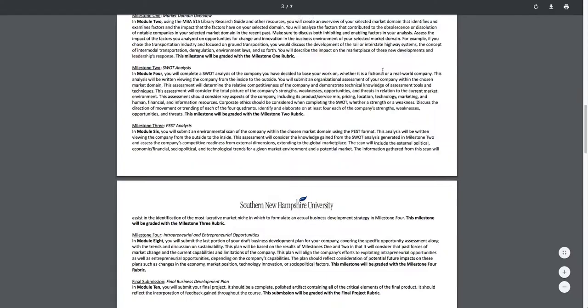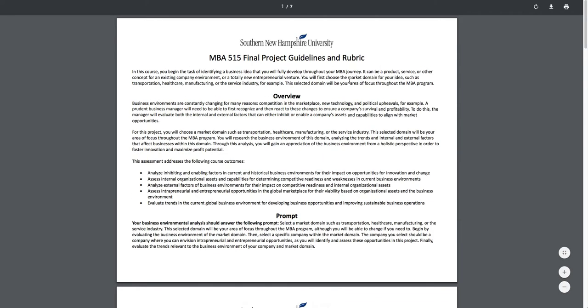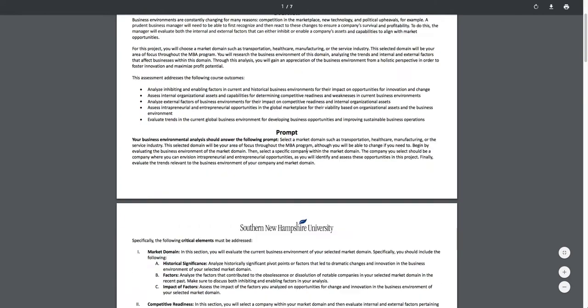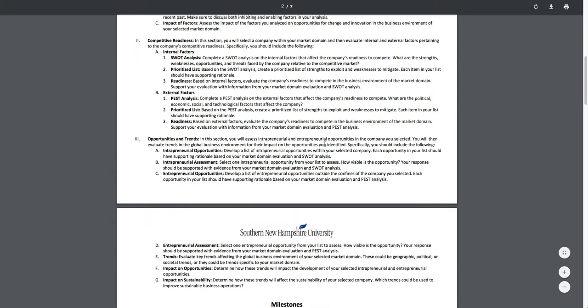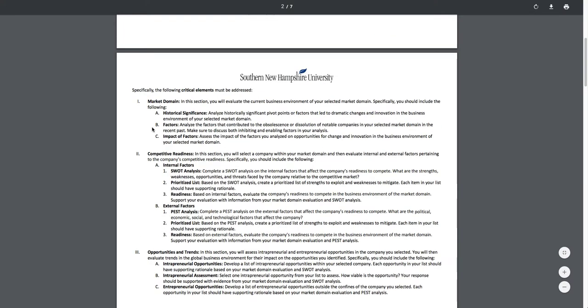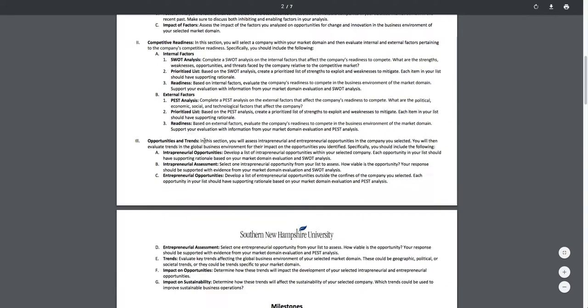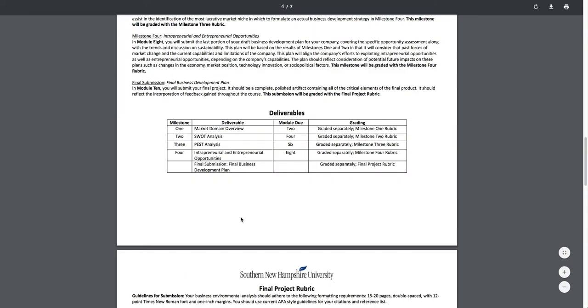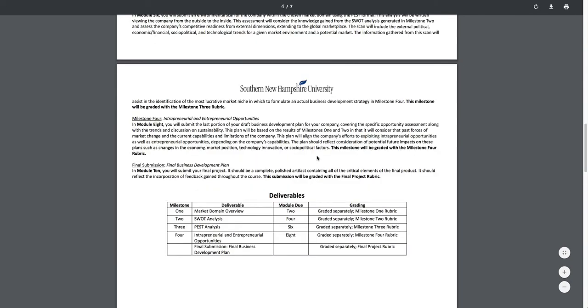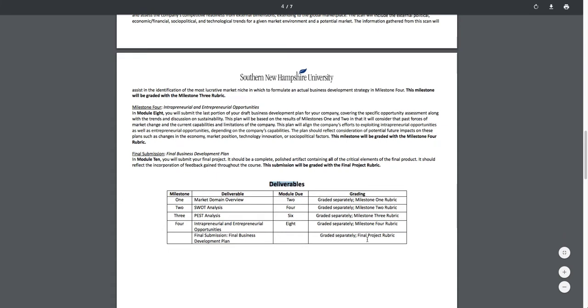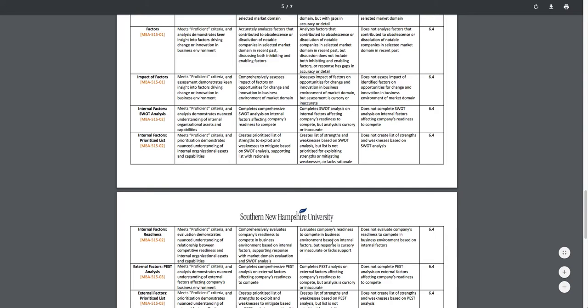Sorry, this is a bit long-winded, but I really need you guys to understand that you've really done this work already. It's just a matter of aggregating it and putting it together. Here are the sections, the critical elements to be addressed, and these match the rubric, and then these are the deliverables. These are things, like I said, that you've already done, and they're just going to go into one document.